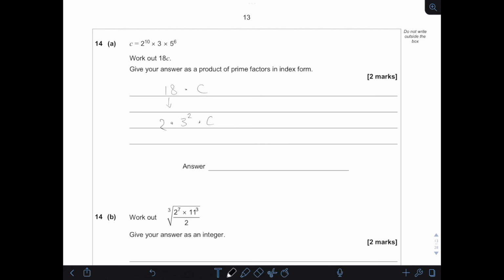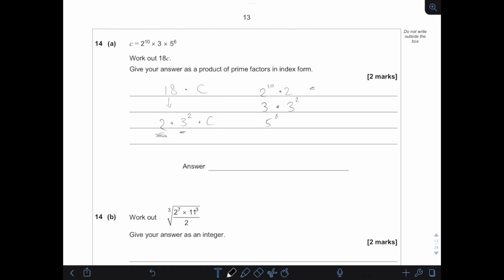So that's the index. We multiply that by C, and we can slot in the prime factors. So we know that we started with 2 to the 10 times 2, because we have a new 2 over here. We have 1 lot of 3 multiplied by 2 lots of 3. And then we have 5 to the 6, which we don't have another 5, so we just let it sit there and do nothing.